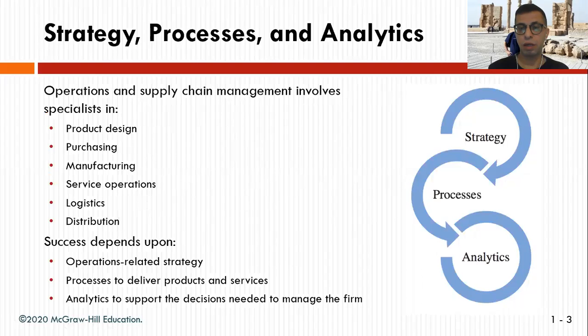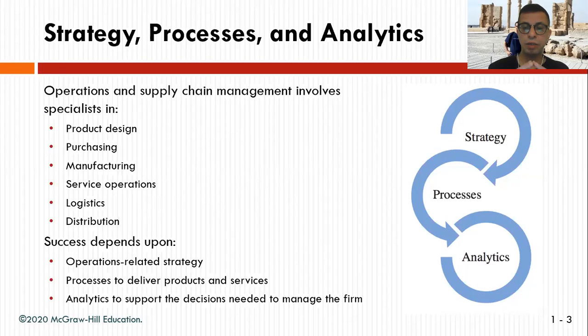So everything apart from probably accounting, sales and marketing, the rest is part of supply chain management and operation. And their success depends upon the orientation related to strategy, process and delivery, product and service, and analysis to support the decisions needed to manage the firm.